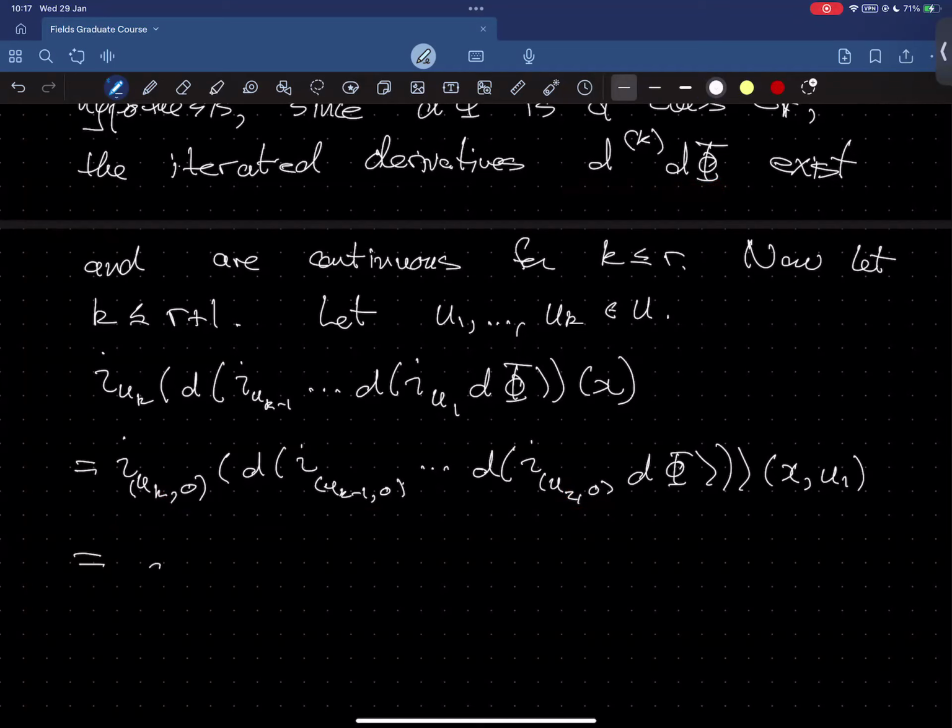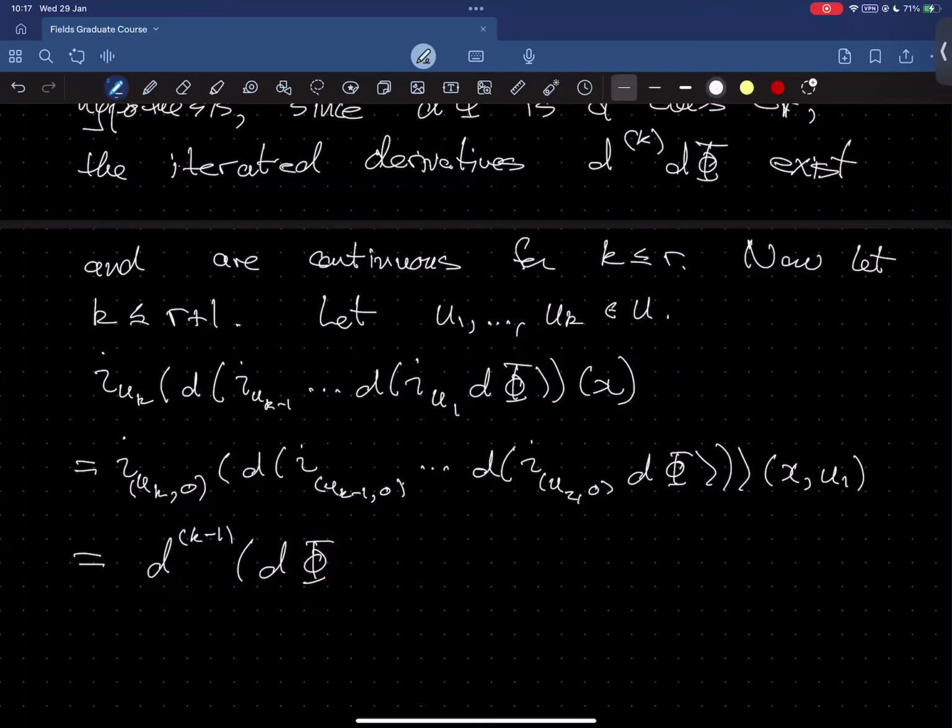It is d^(k-1) of d phi. This d of phi is a function of the variable x, and this d is the derivative of this as a function of the two variables x and u. So this is a complicated but not difficult proof.